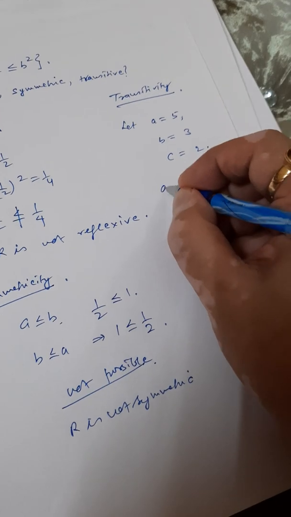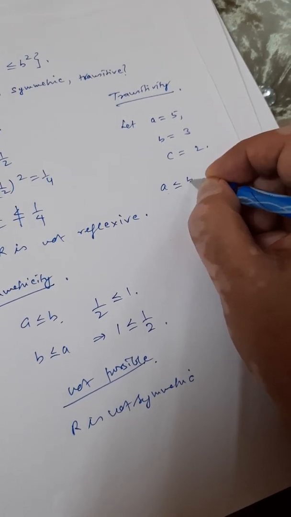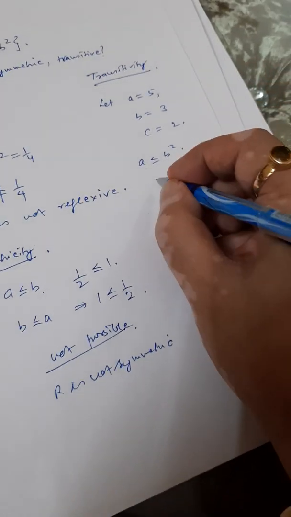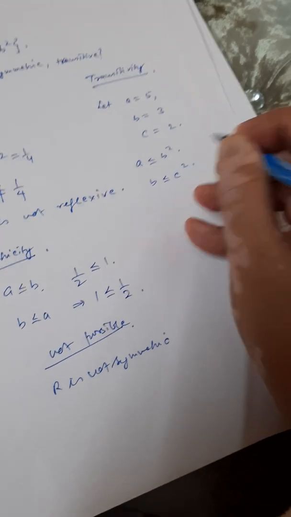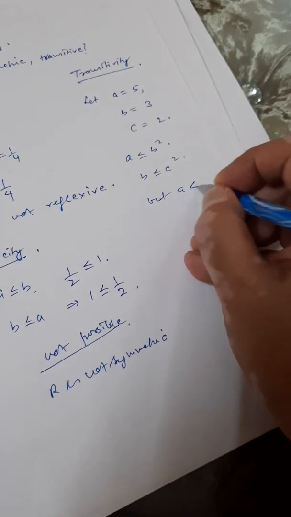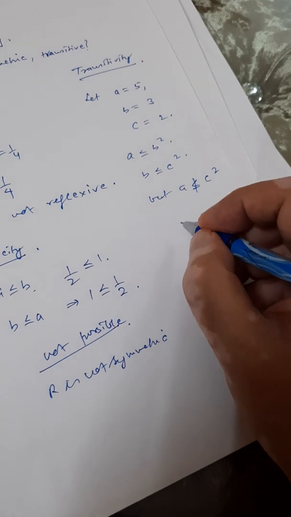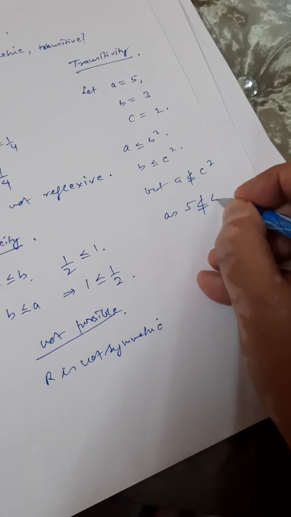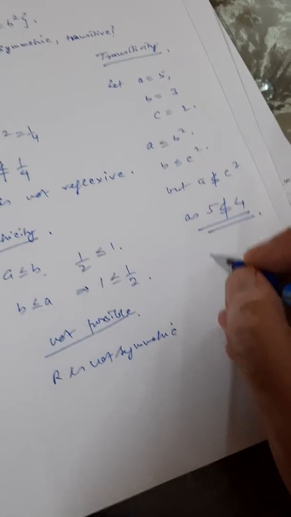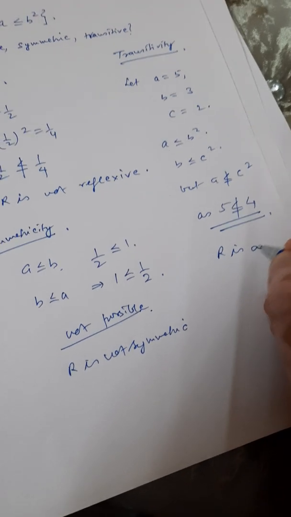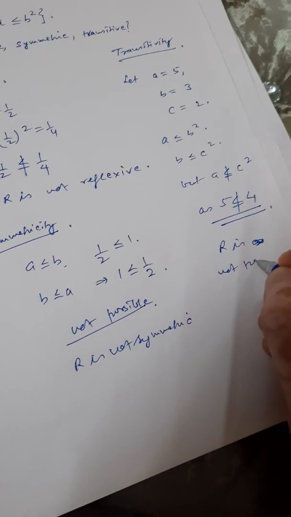So you have a is less than or equal to b square, b is less than or equal to c square, but a is not less than or equal to c square, as 5 can't be less than or equal to 4. So R is not transitive.